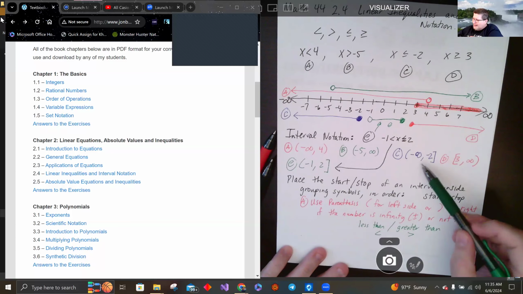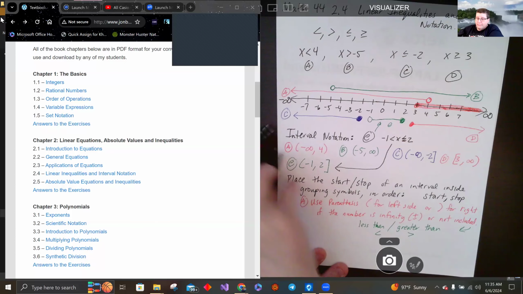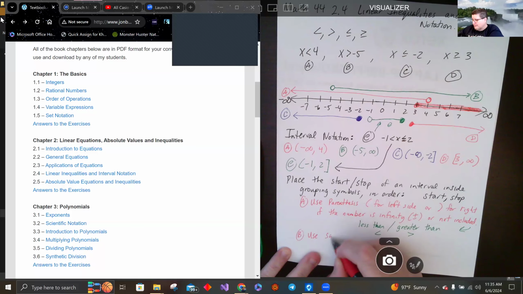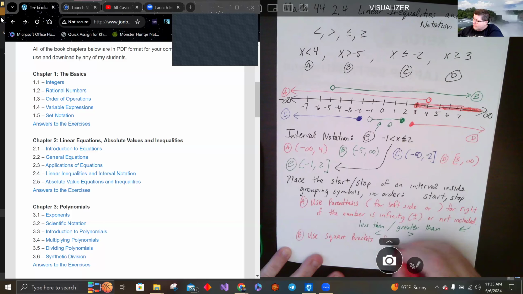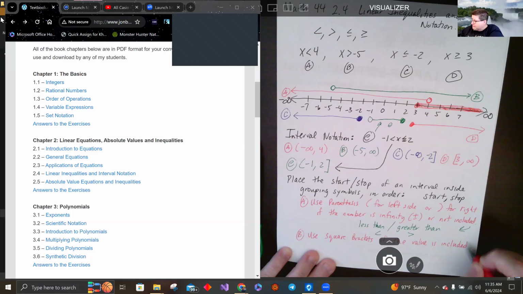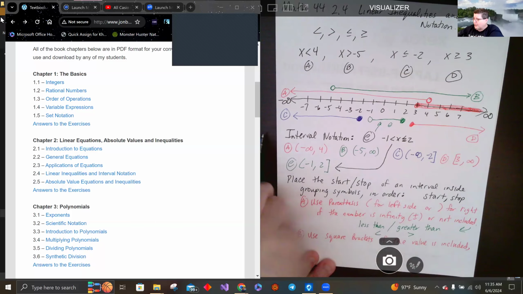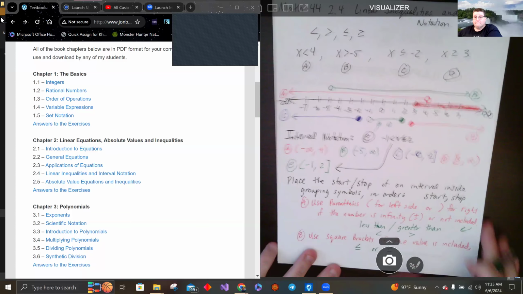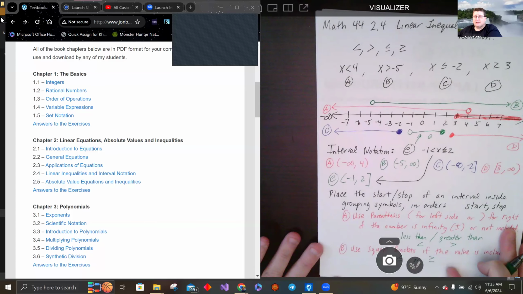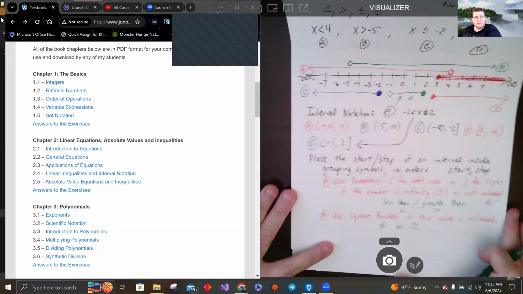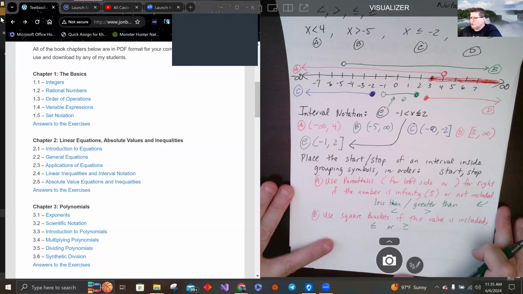If you take a look at it, you can see the other ones where the values were included got brackets. So use square brackets if the value is included. And that comes from less than or equal to or greater than or equal to. So those are our rules.